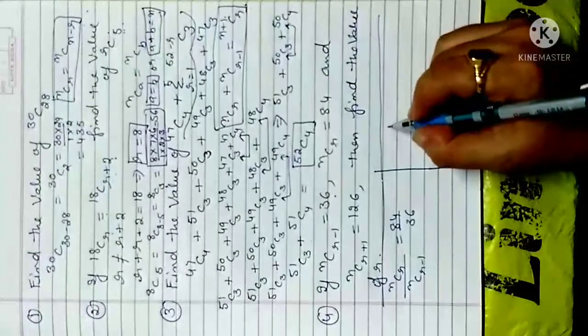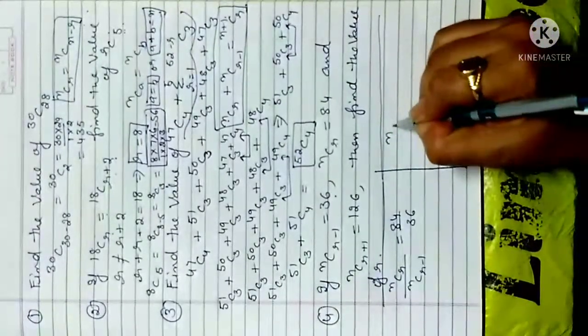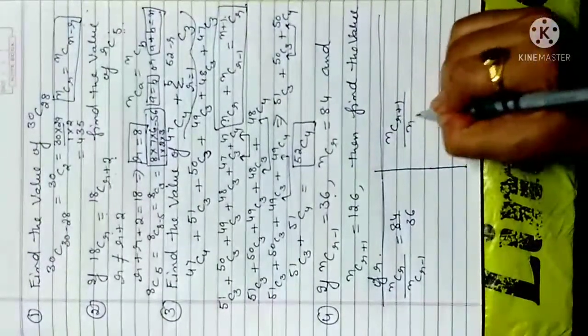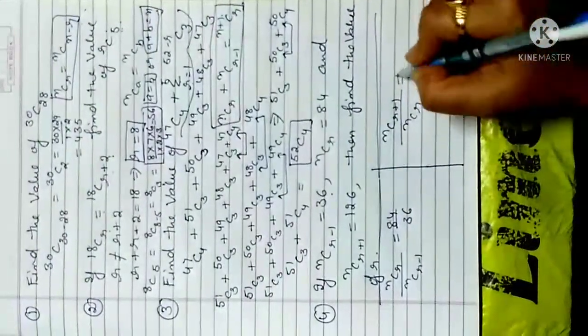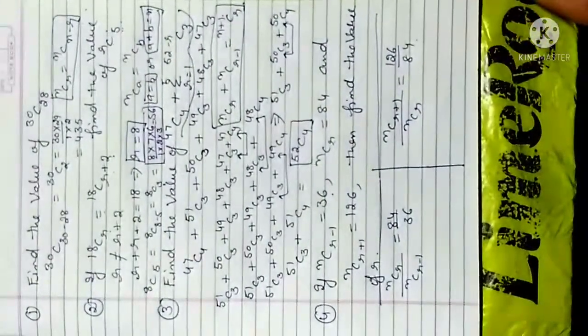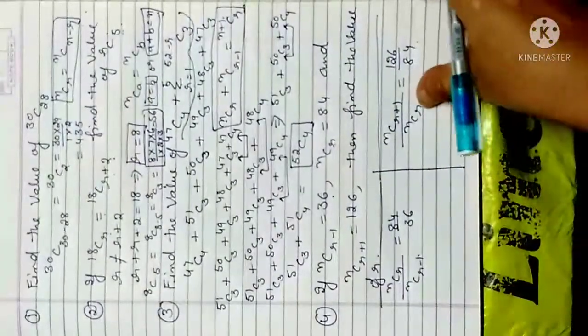Now when I go with NCR plus 1 divided by NCR, that gives me 126 by 84. Here in both cases I have this formula.